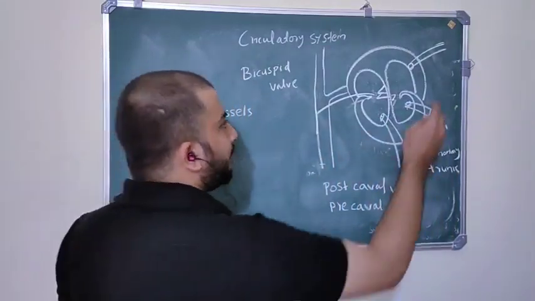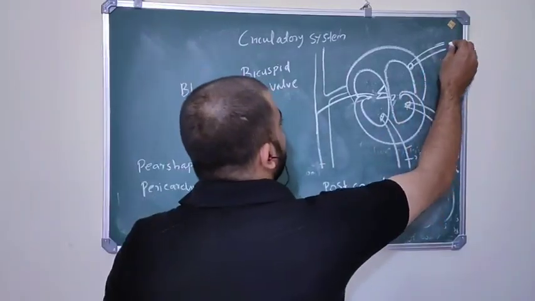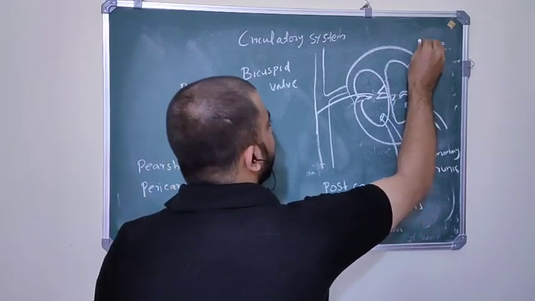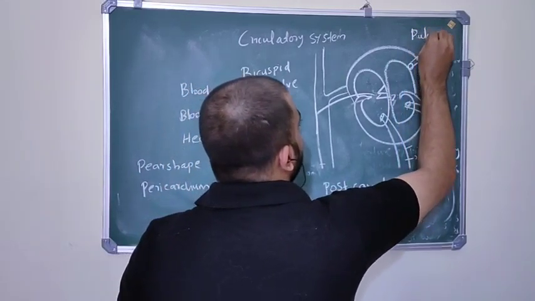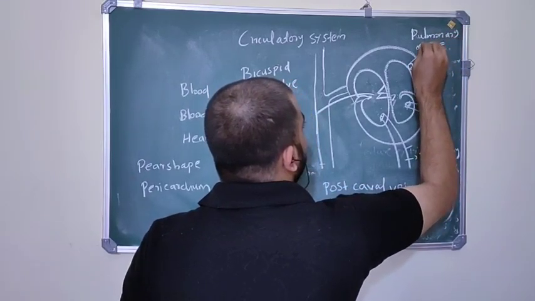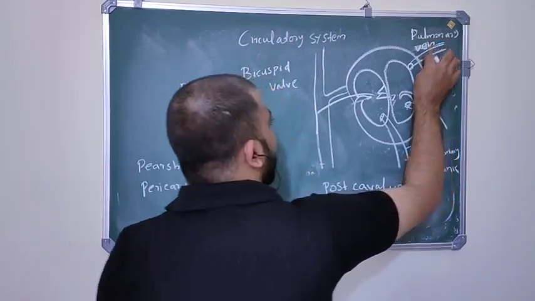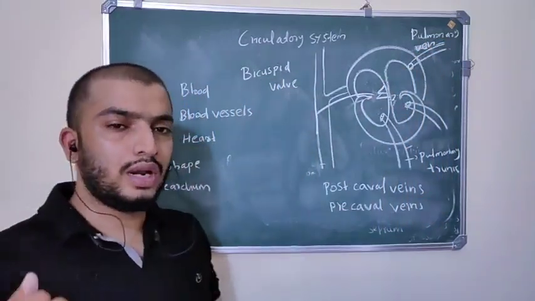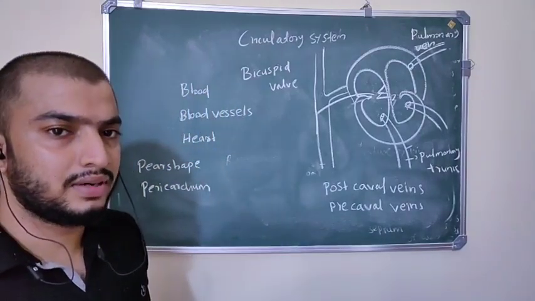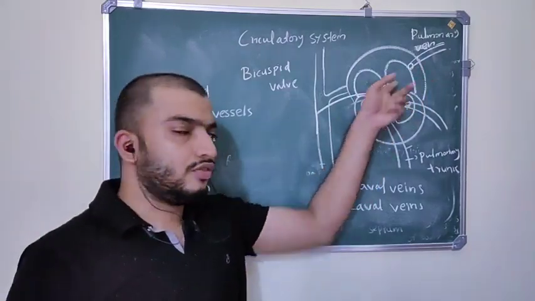On the left part, from the lungs, oxygenated blood is transported into the left auricle by the pulmonary artery, sorry, pulmonary vein. The pulmonary vein is connected to the left auricle; it takes oxygenated blood from the lungs and transports it into the left auricle.